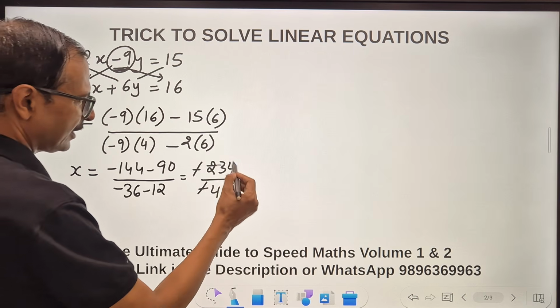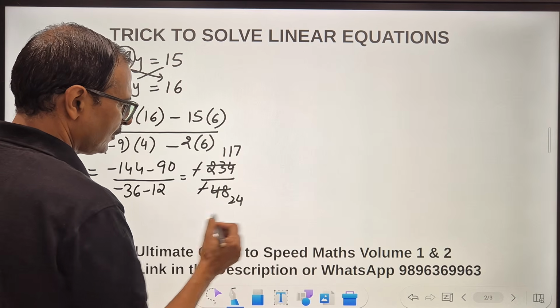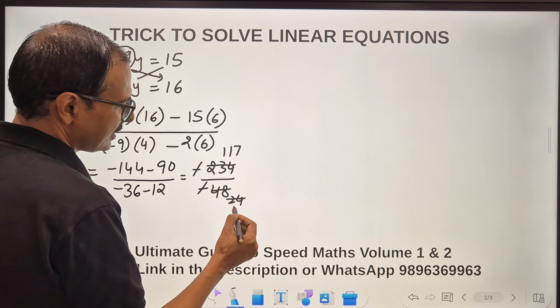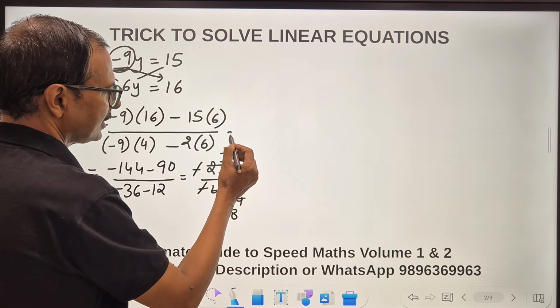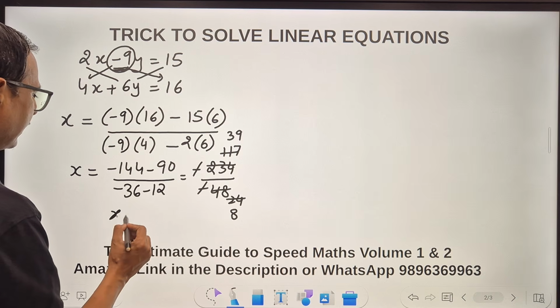How much is this? Dividing by 6, 39 by 8, which happens to be my correct answer.